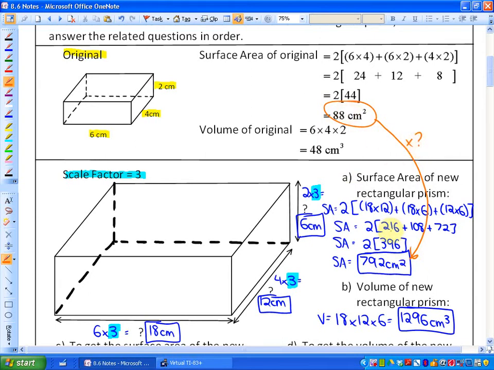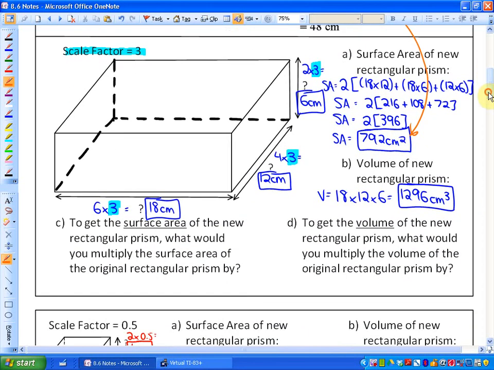So 88 times what number is 792? You could divide 792 by 88, and that will give you the multiplier, and that would be 9 times the surface area. So a scale factor of 3 creates a surface area that's 9 times greater.